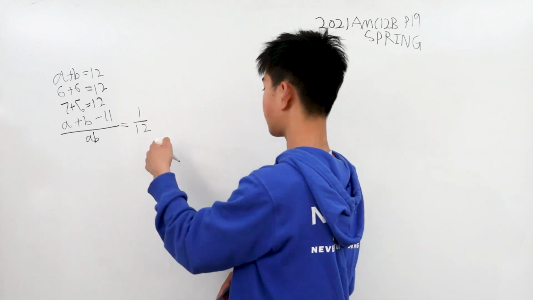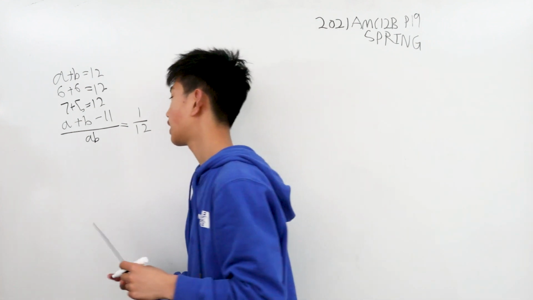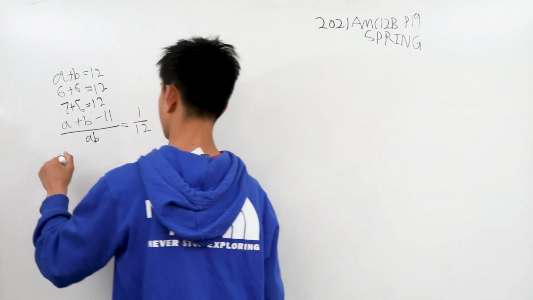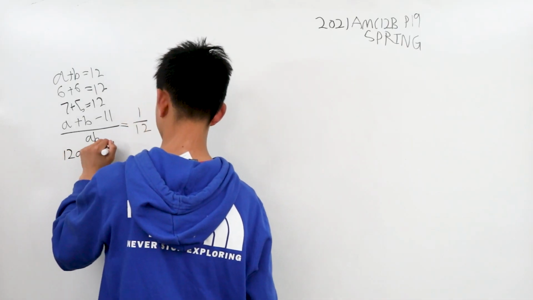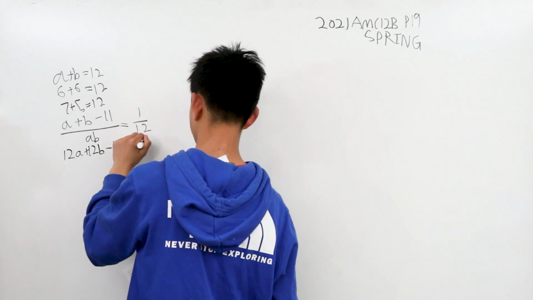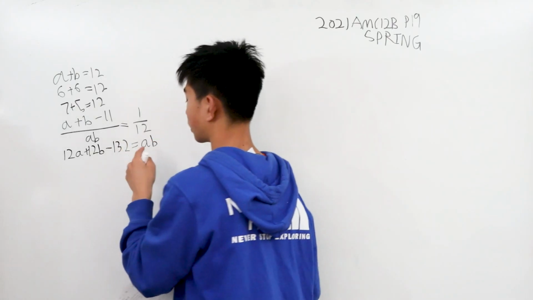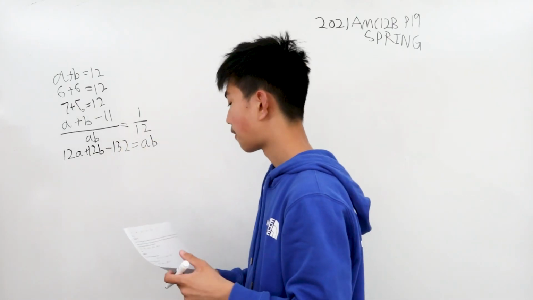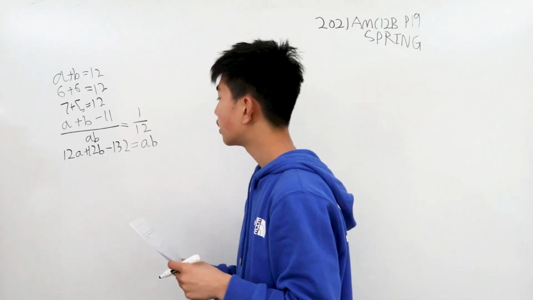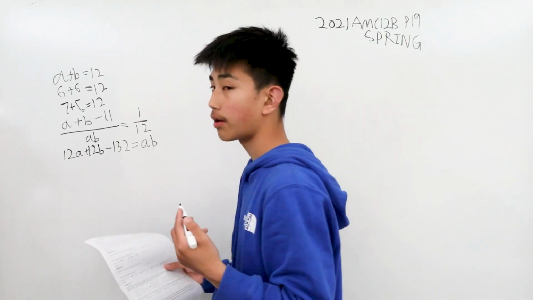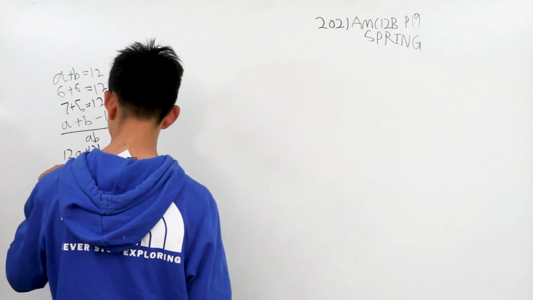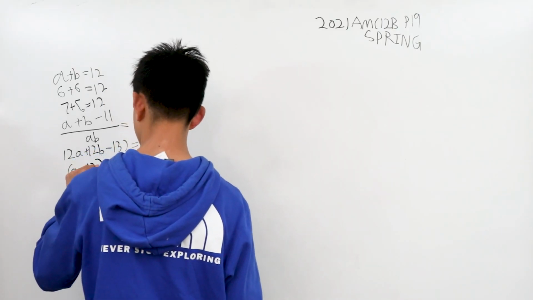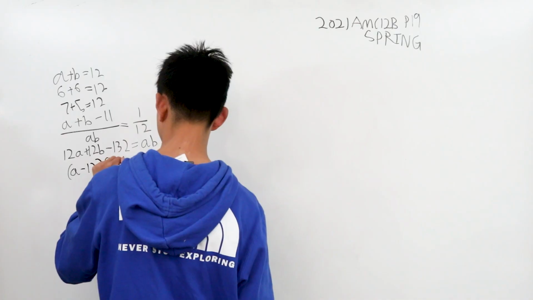So we have this equation. We can multiply this out, 12 times 12 on both sides, and AB on this one: 12A plus 12B minus 132 is AB. We notice that 132 is 12 away from 12. So we use Simon's Favorite Factoring Trick to get this down to A minus 12 times B minus 12.